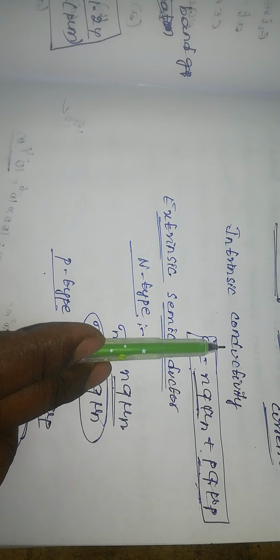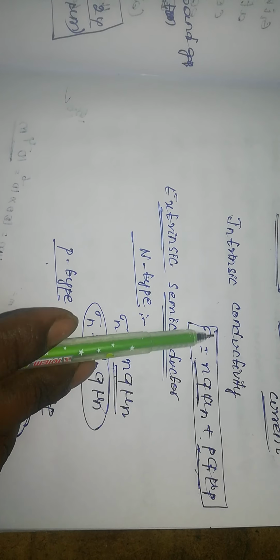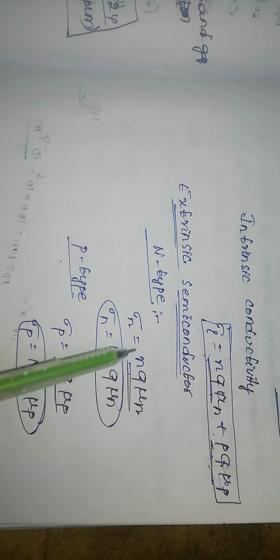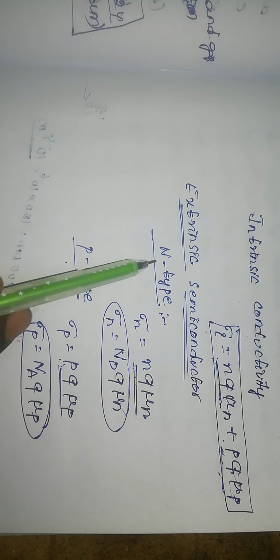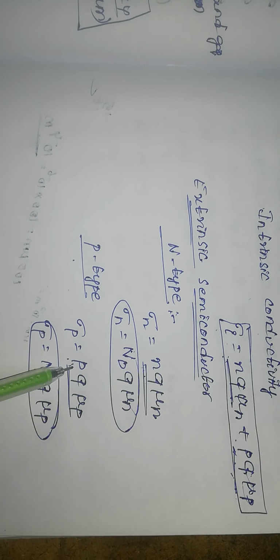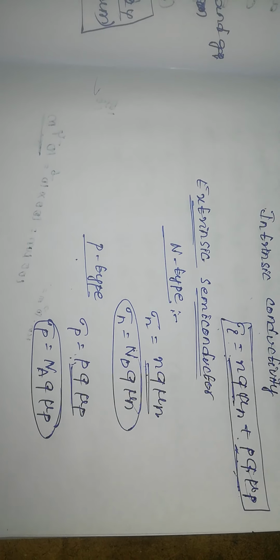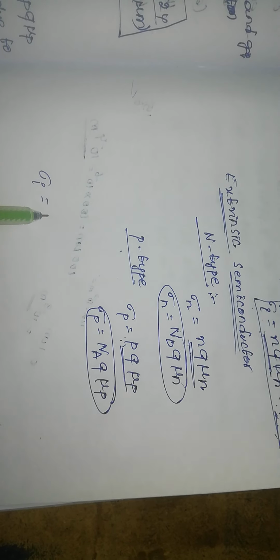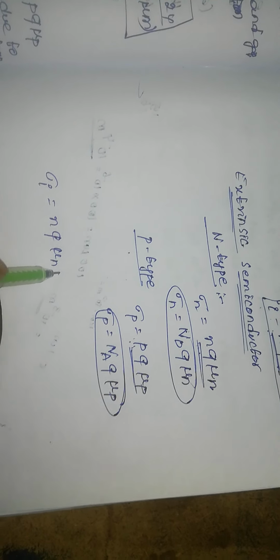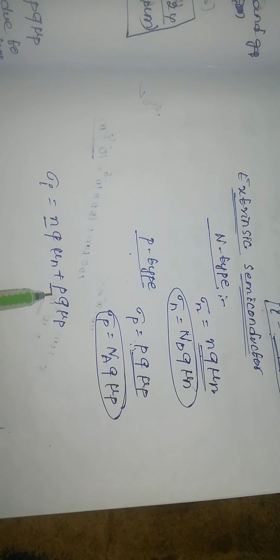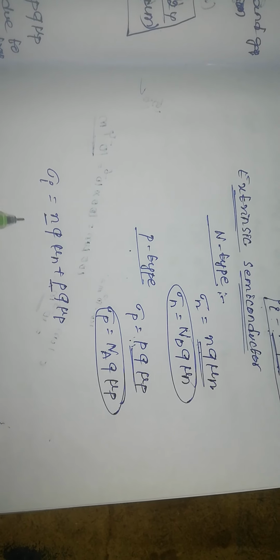But in an intrinsic semiconductor, the conductivity is due to both electrons as well as holes. In an extrinsic semiconductor, if it is n-type, the conductivity is due to only electrons; if it is p-type, the conductivity is due to only holes. In the intrinsic semiconductor, sigma i is equal to n q mu n plus p q mu p, as the electron concentration and hole concentration are the same.